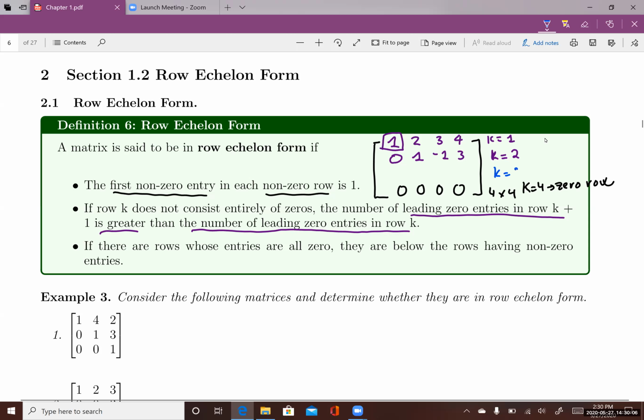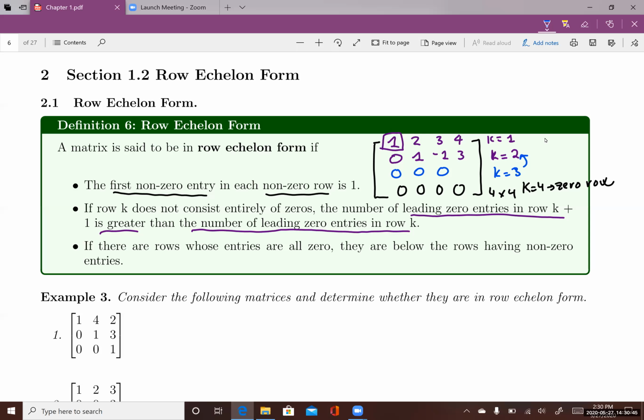How about the third row, K equals 3? Since in the previous row the number of leading zero entries is 1, the number of leading zero entries in the third row has to be at least 2, because it has to be greater than that. It doesn't have to be exactly 2, so you can have more leading zero entries.